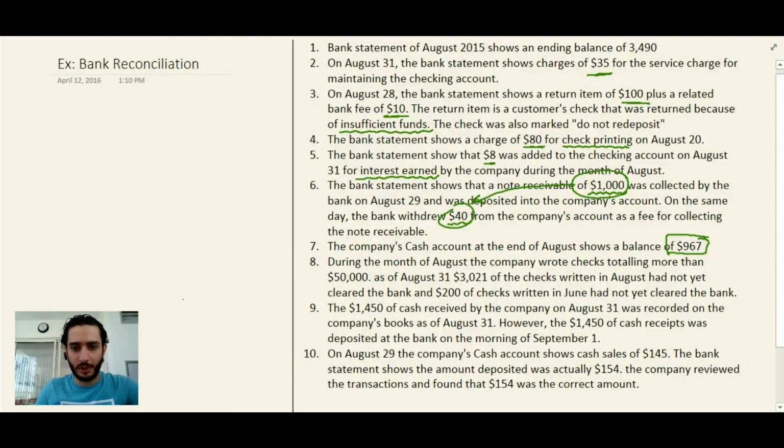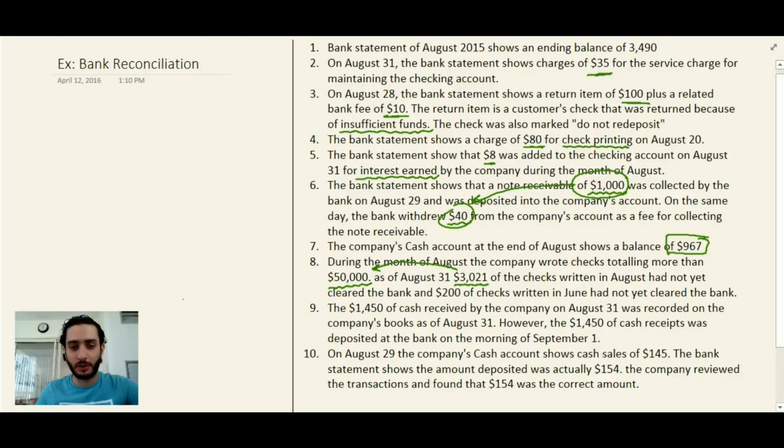During the month of August, the company wrote checks totaling more than $50,000. As of August 31st, by the end of the month, $3,021 of the checks written in August had not cleared the bank. So $3,021 of these checks of the 50,000 has not yet cleared the bank.